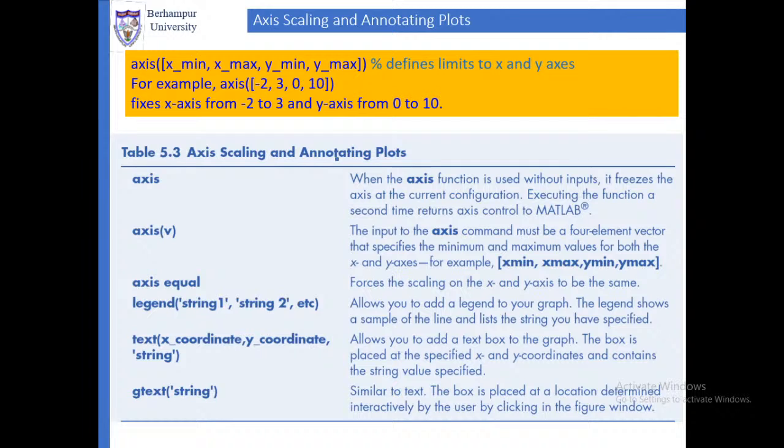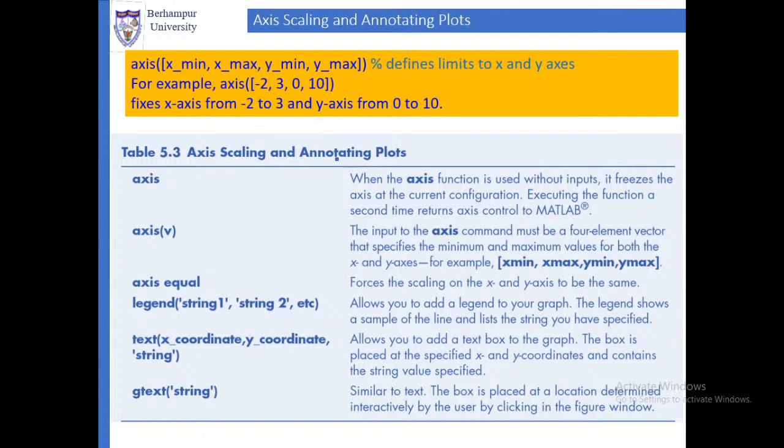Executing the function a second time returns axis control to Matlab. So that is what happens using the axis command. Axis V can be X or Y, so that way you can have command control over X and Y. Axis equal forces the scaling of X and Y to be the same, so the maximum and minimum values of the X and Y axes will be the same.